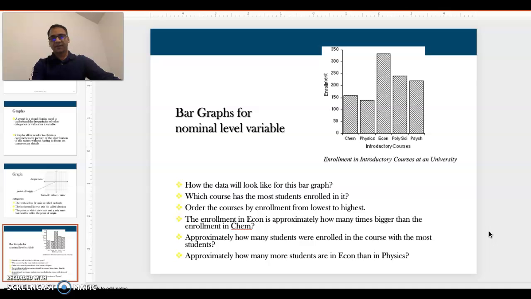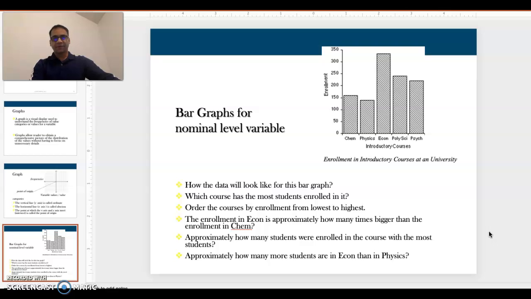The bar graphs for nominal variables. This is one example where the enrollment for each introductory course in chemistry, physics, economics, political science, and psychology is listed here. And this is a bar graph or bar chart.